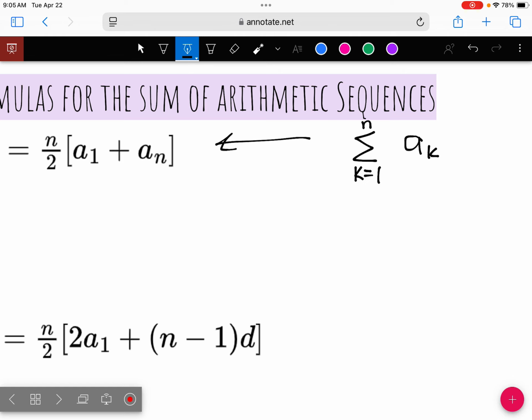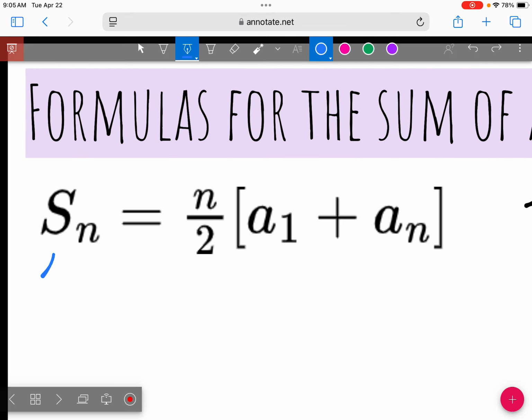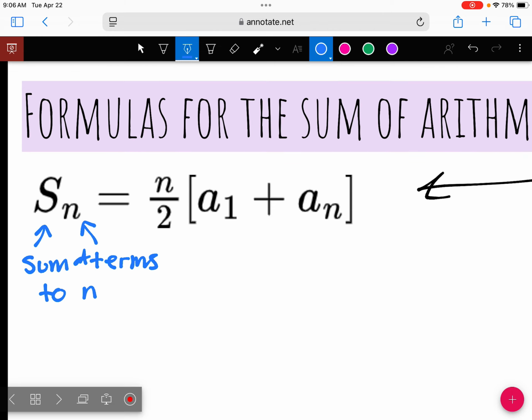It's just using our recursive definitions for our arithmetic sequences. This S is the symbol for the sum of terms to n.